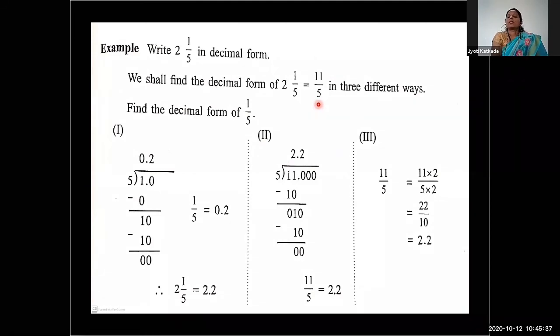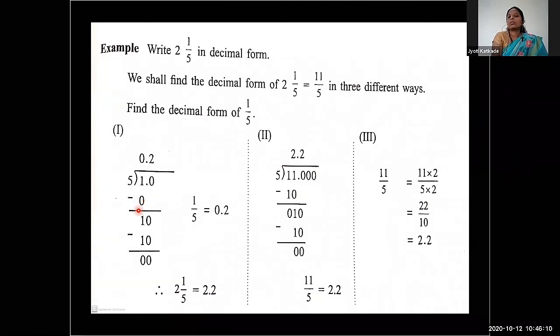By the first method, first of all, we have to find the decimal form of 1/5. Divide 1 by 5. 1 is not divisible, we can't divide 1 by 5. So take 0 and then the decimal point.